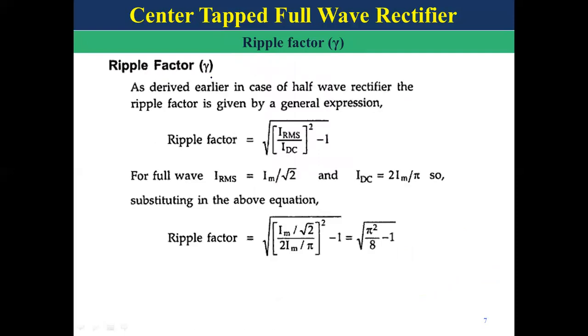Then the next parameter is the ripple factor. Ripple factor is defined as the ratio of the AC component to the DC component of the rectifier output. So this ripple factor is equal to the AC component by the DC component present in the output.